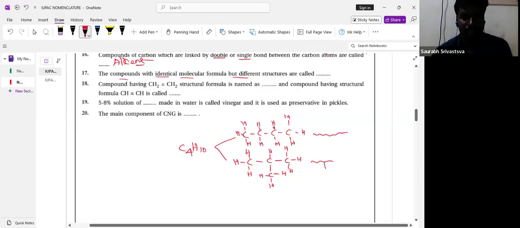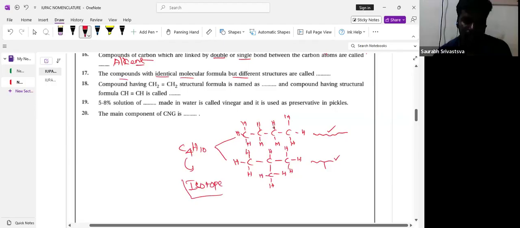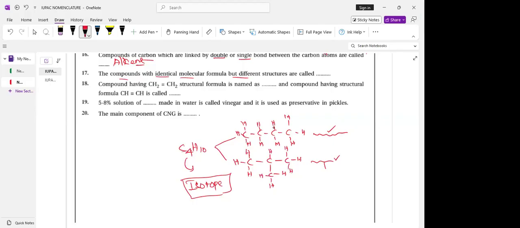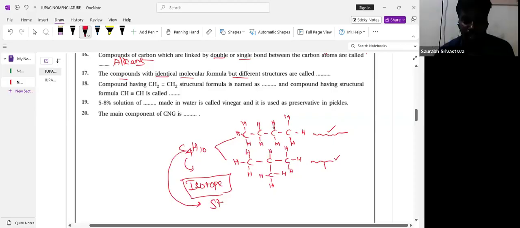If it is there like that, then we are calling it an isomer. Same carbon and hydrogen with a different structure, then the compound we can call structural, because it is structure based.